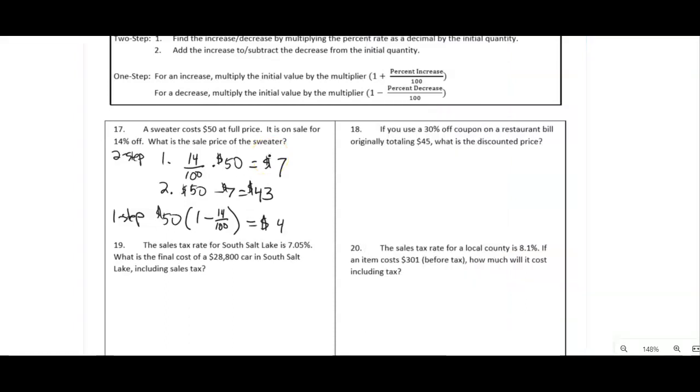So it's really up to you whether you like the two-step approach or the one-step approach. Go ahead and try your favorite approach or both approaches on problem 18 as you pause the video. The answer to number 18 ends up being $31.50.